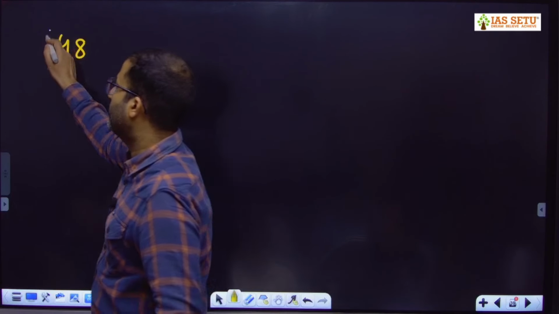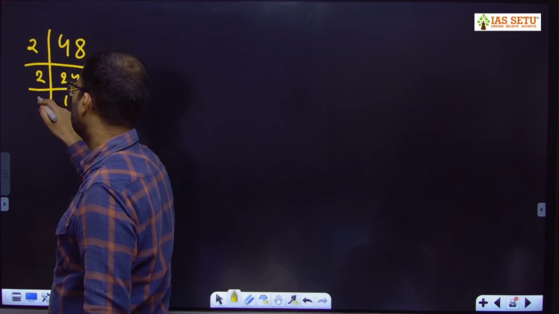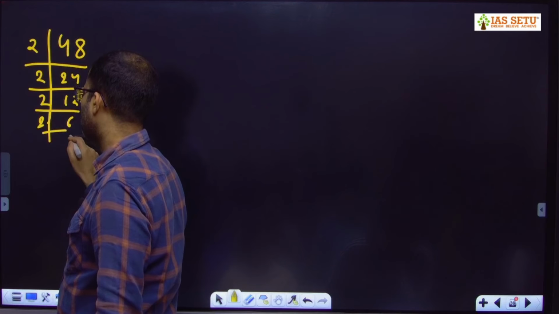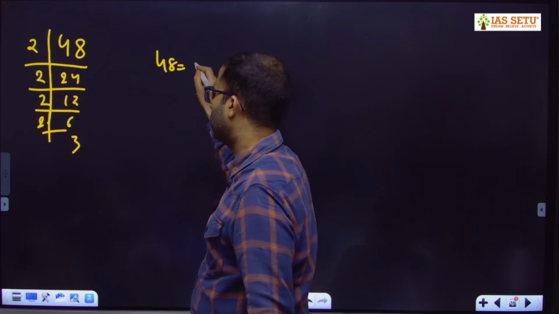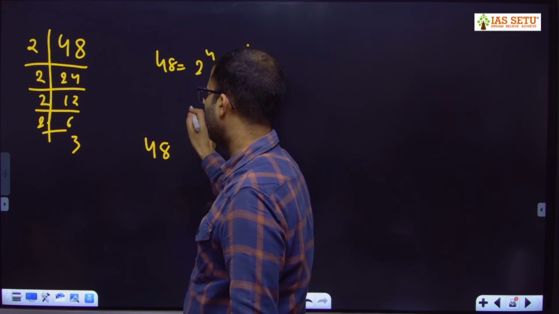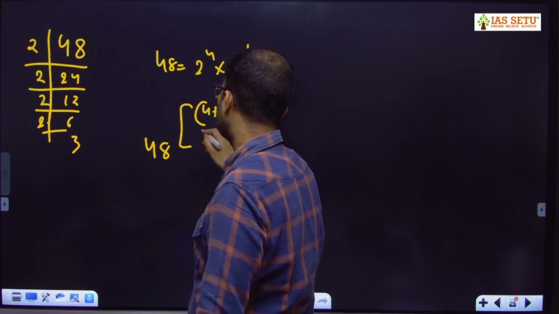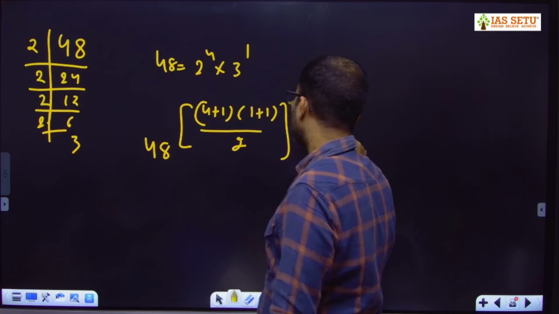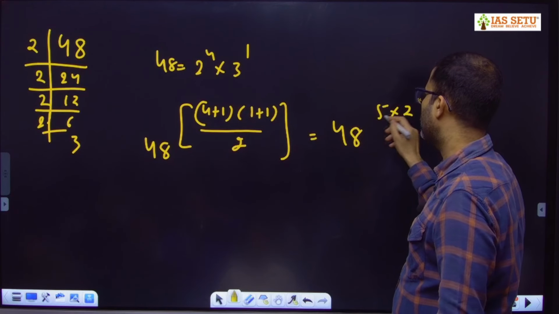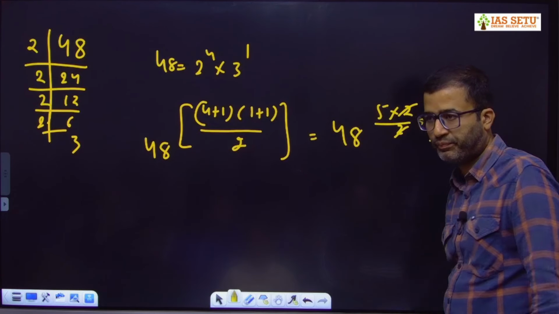If you convert it to prime form, 2 common 24, 2 common 12, 2 common 6, 2 common 3. So this is 48 equals 2 to the power 4 into 3 to the power 1. So as per our formula, 48 to the power (4 plus 1) into (1 plus 1) divided by 2. So it is 48 to the power 5 into 2 divided by 2. 2 cancels. 48 to the power 5.